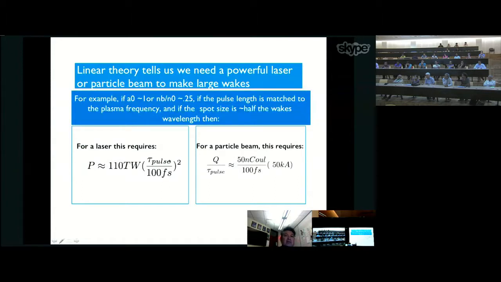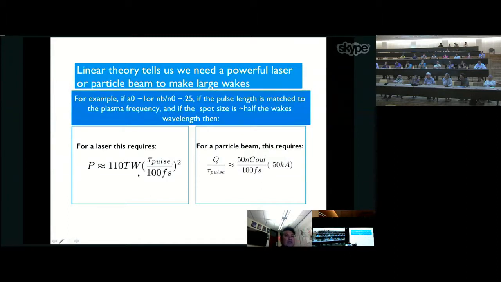And I point this out because lasers of this type and particle beams of this type were really only available in the last 5 to 10 years. But that did not stop Tajima and Dawson and Chen and Dawson at all from writing papers in which they talked about making a wakefield accelerator.